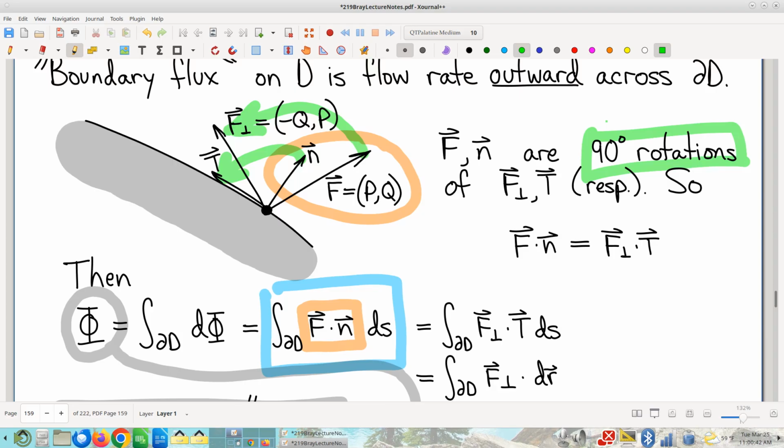The vectors obviously change, but the dot product doesn't change, because dot products are computed in terms of magnitudes, which don't change when you rotate, and the angle between them. If you have two vectors and you rotate them the same amount, the angle between them doesn't change at all. Does everybody see that?